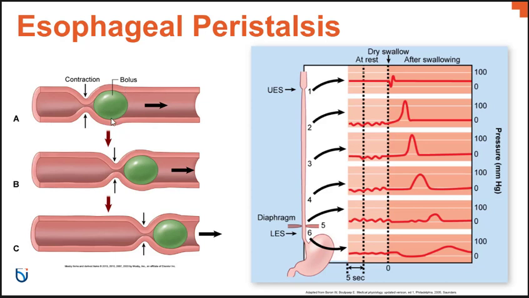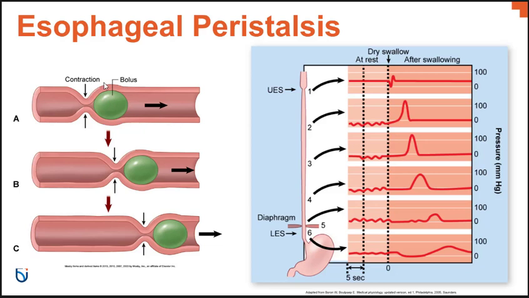And when it stretches the GI wall, it triggers a reflex contraction of these circular muscles that make up the GI wall that push the bolus forward. So think of peristalsis then as really being a progressive forward kind of motility or movement along your GI tract.